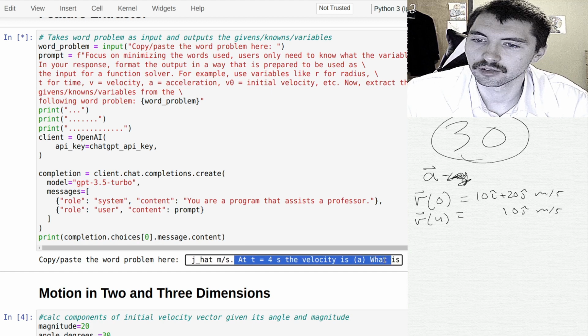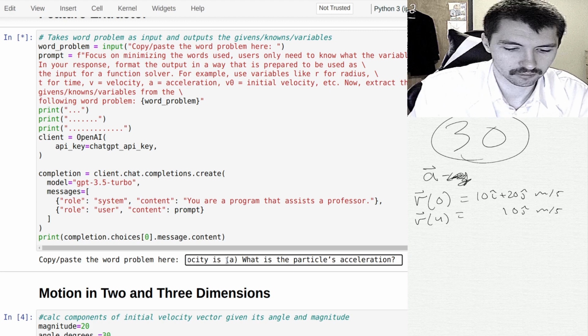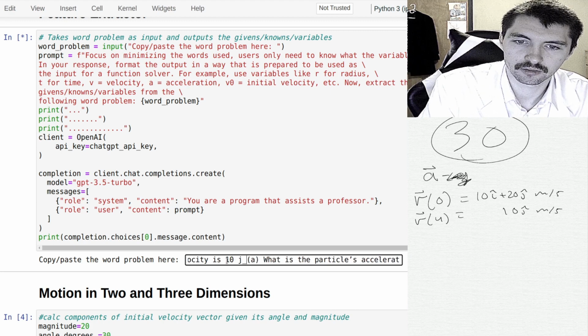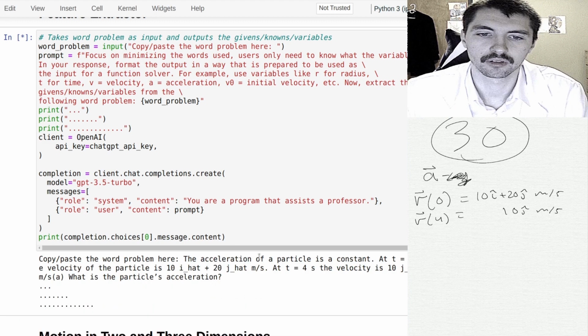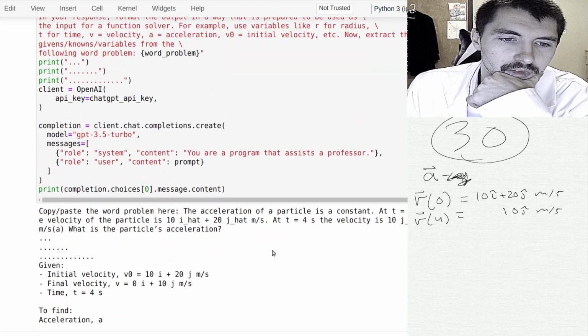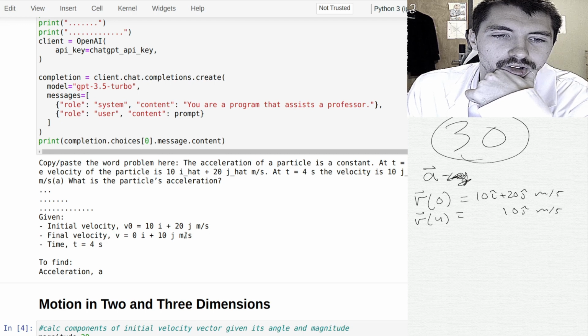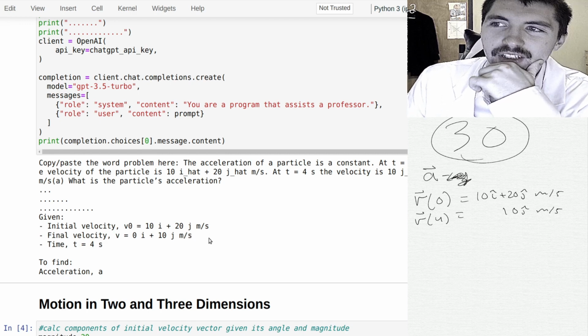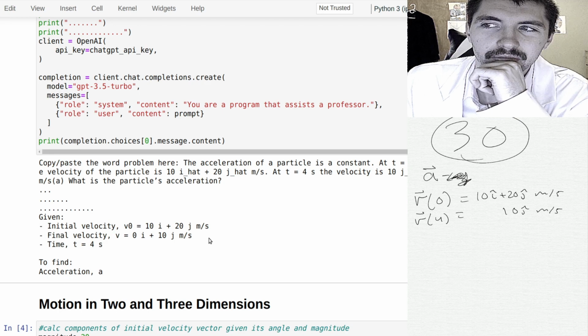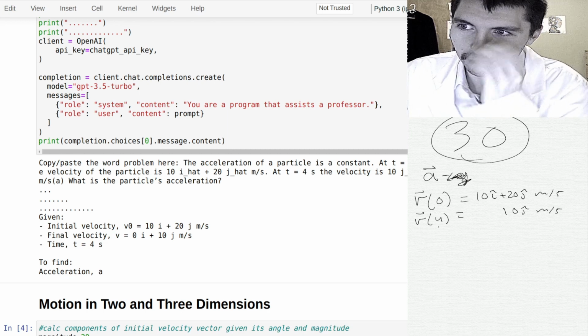Okay, so we want to find acceleration given.